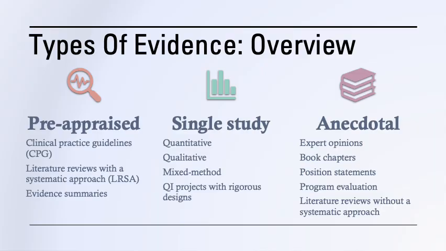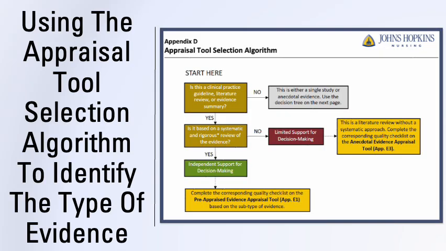Examples of anecdotal evidence include expert opinions, chapters from books, position statements, program evaluations, and literature reviews that do not have a systematic approach.